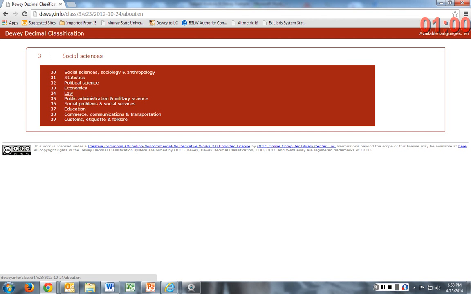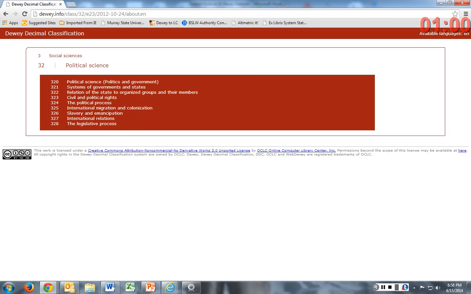Well, the Constitution is our main law. Public administration, social problems, education, commerce, customs. Okay, I'm debating between political science and law. So I'm going to click on political science, see what that's all about. And it's talking about systems of government, civil and political rights, political process.